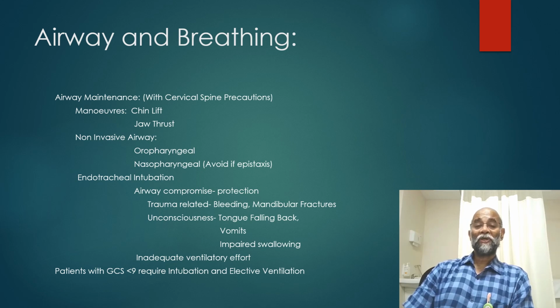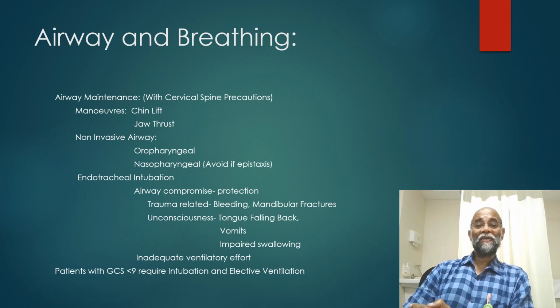Airway compromise or protection will be required in trauma-related causes, like bleeding into the oral cavity or mandibular fractures. Unconsciousness itself will result in airway compromise because the tongue falls back, vomit may be aspirated, and swallowing is impaired.